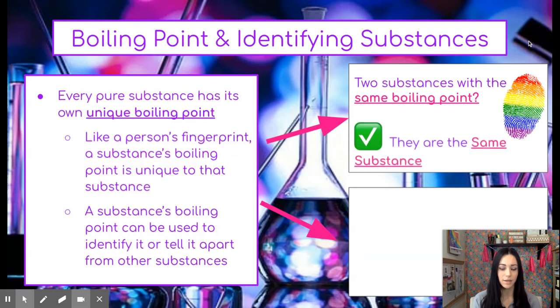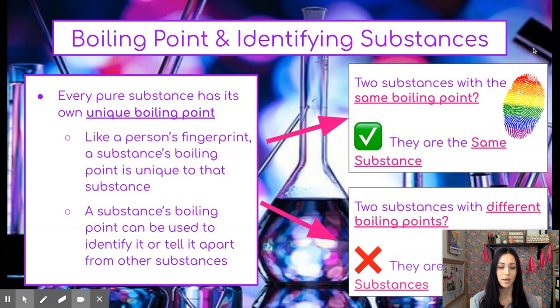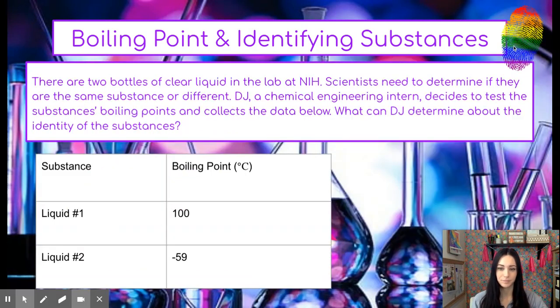That tells me that they must be the same substance. On the other hand, we can have two samples and find that each of those substances have different boiling points. That tells me that they cannot be the same substance because they don't have that same identifying fingerprint of the boiling point.